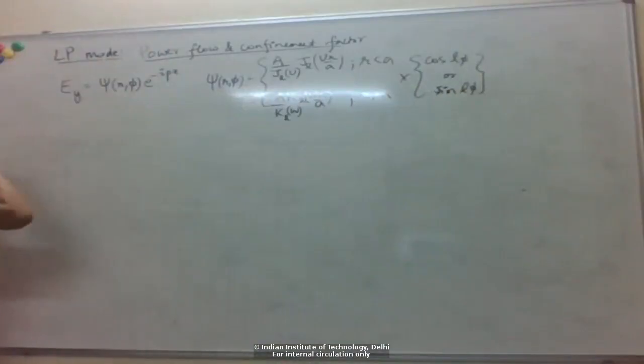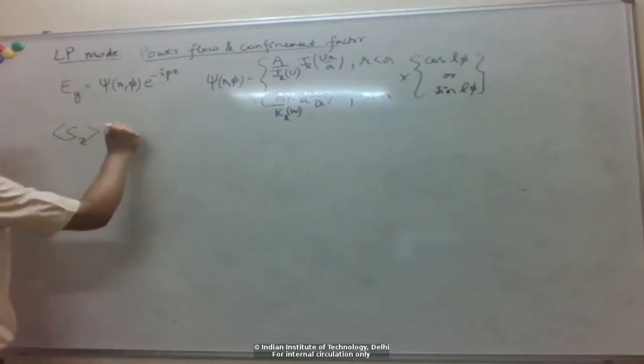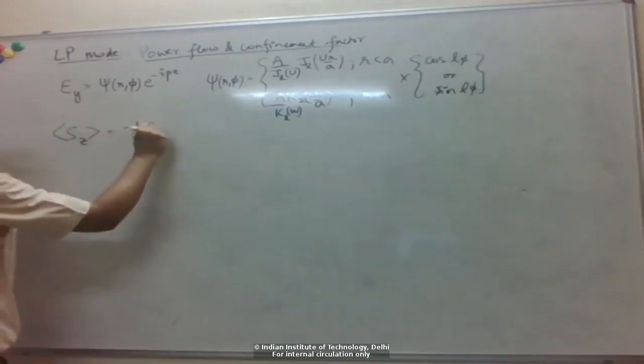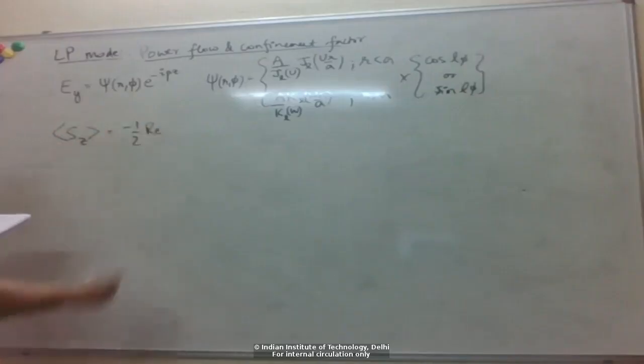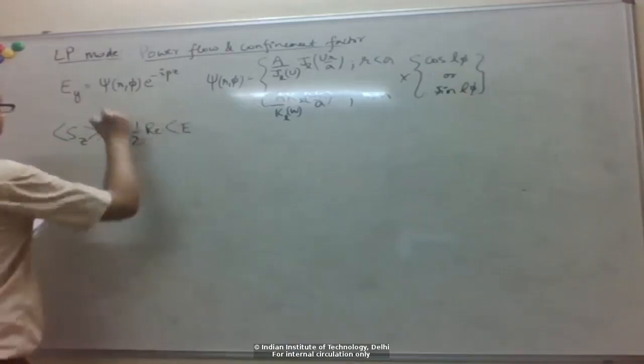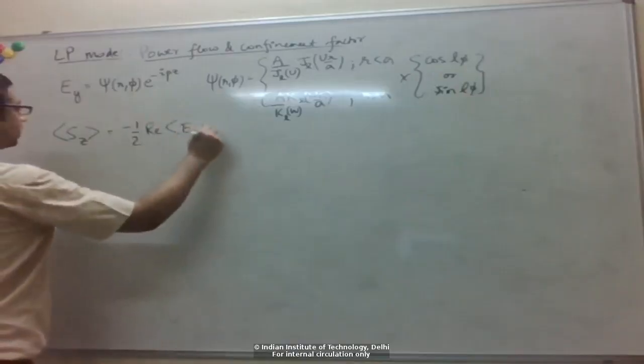Again, just like for the slab, we start from the Poynting vector in the z direction, the propagation direction. So we take E cross H star in the z direction; since we have Ey, we have Hx.